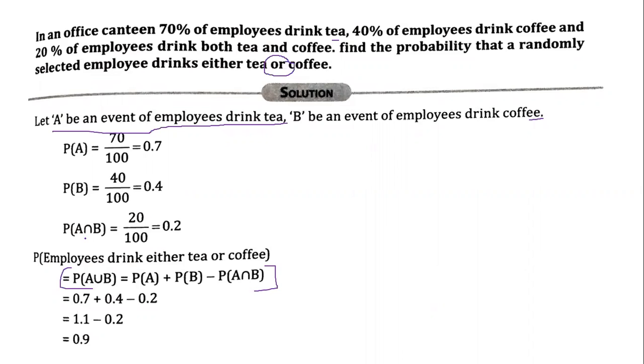Now here, put the formula P of A union B is equal to P of A plus P of B minus P of A intersection B. Now 0.7 plus 0.4 minus 0.2 will give you 0.9. So the probability of employees drinking either tea or coffee, any one of them, has been given here.